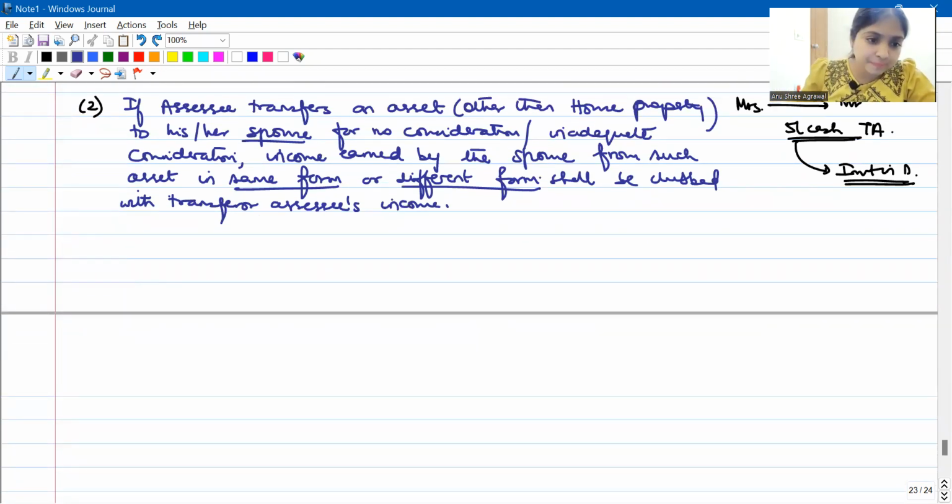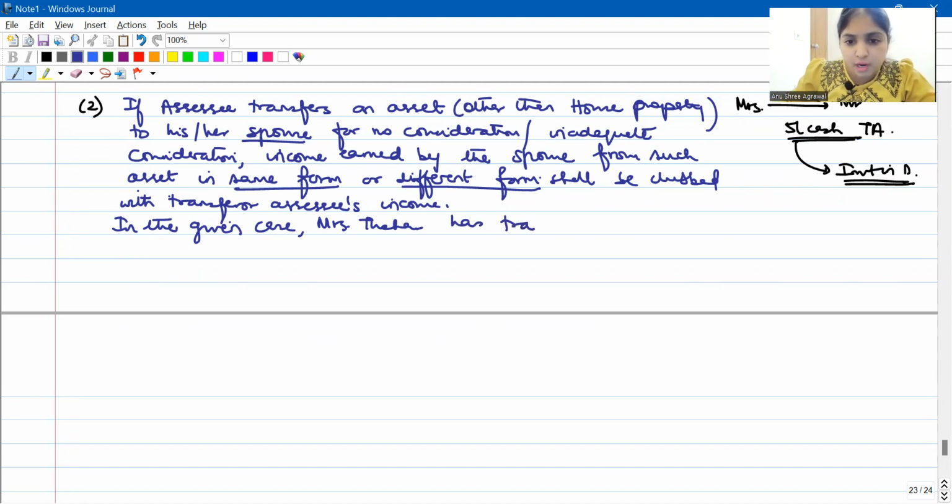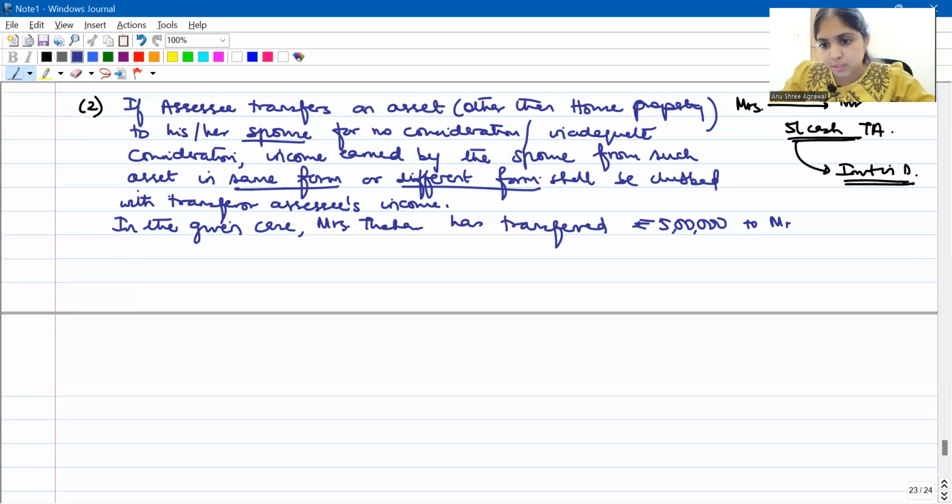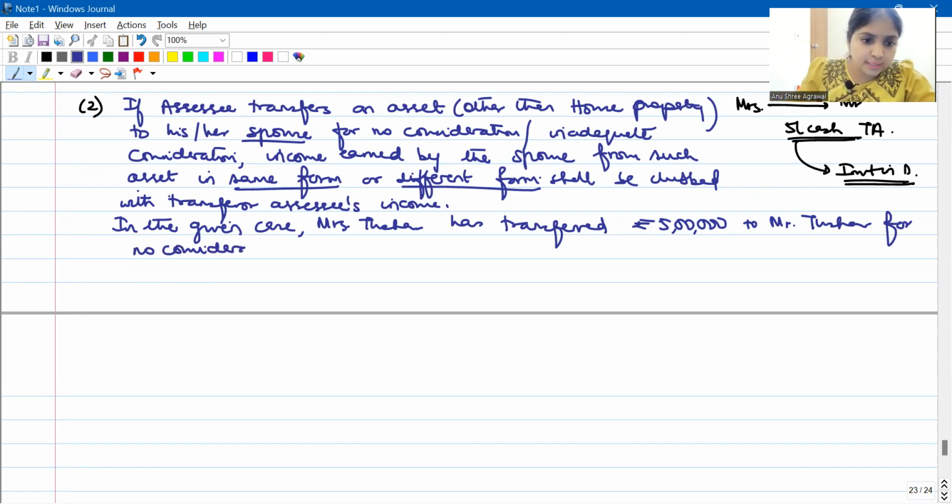Write down in the next line. In the given case, Mrs. Tushar has transferred rupees 5 lakhs to Mr. Tushar for no consideration.